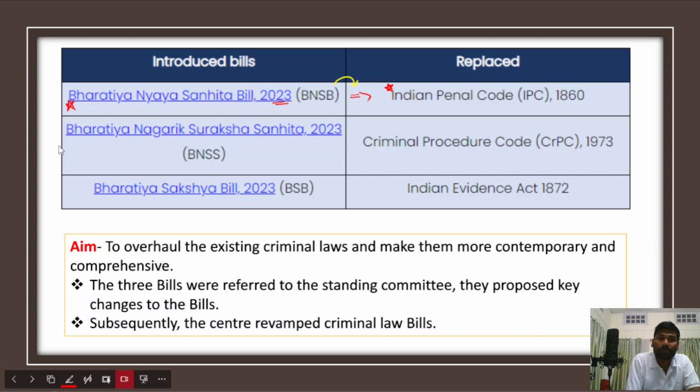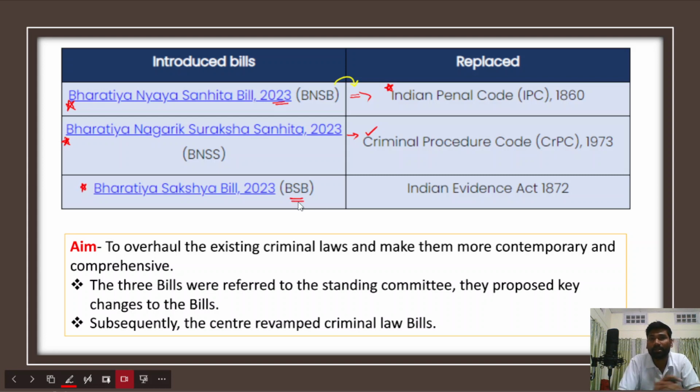So similarly, there's the Bharatiya Nagarik Suraksha Sanhita 2023. So it replaces the Criminal Procedure Code of 1973. So this Criminal Procedure Code prescribes different punishments and fines for the different offenses, criminal offenses especially. And after that, the Bharatiya Saksha Bill.